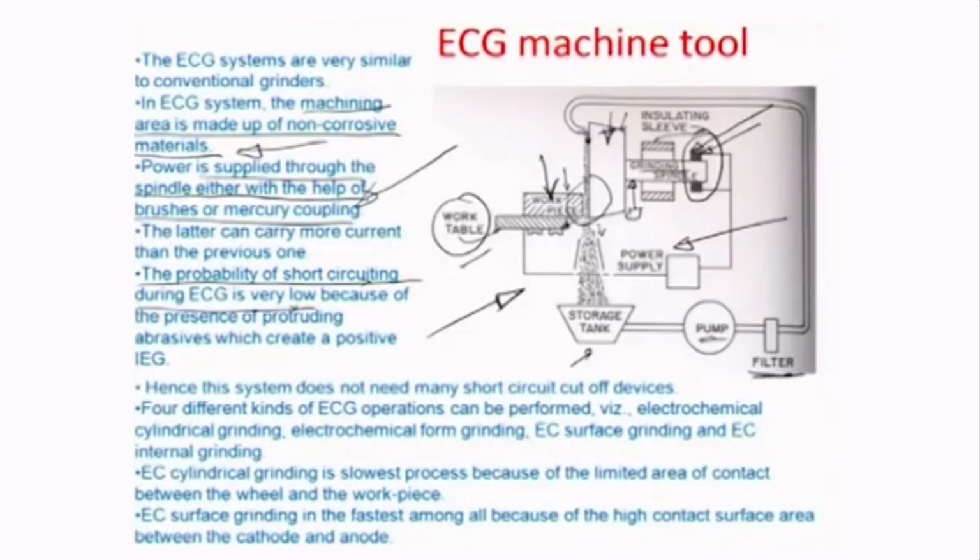So therefore there is a tendency of ECG to not really have any short circuit, because short circuits typically form when there is a chance of the metal bond of the grinding wheel coming in close contact with the surface. Here you are removing the surface.